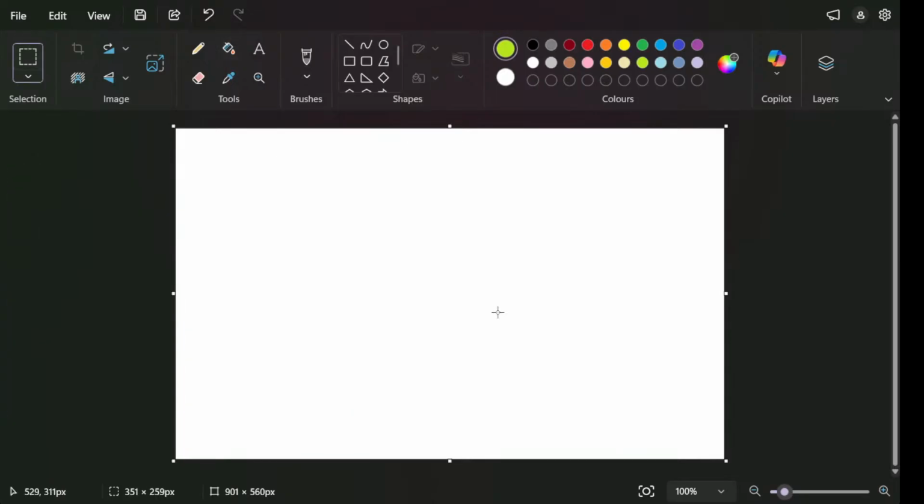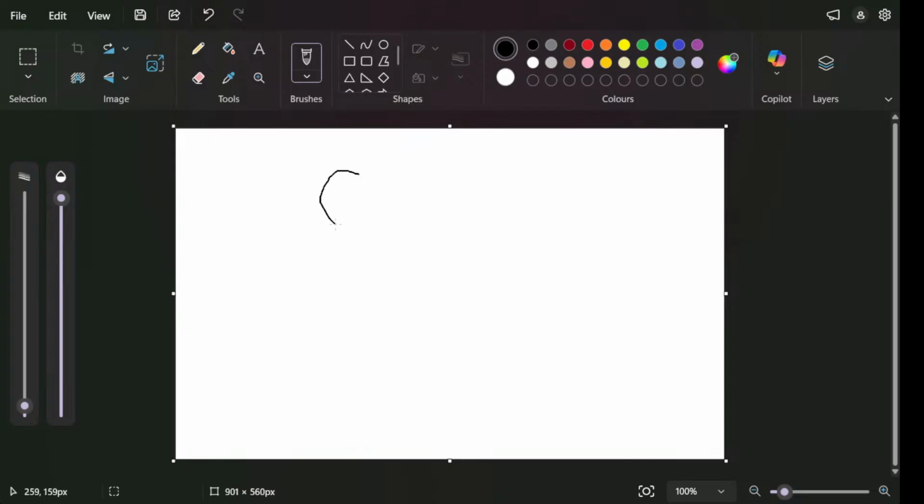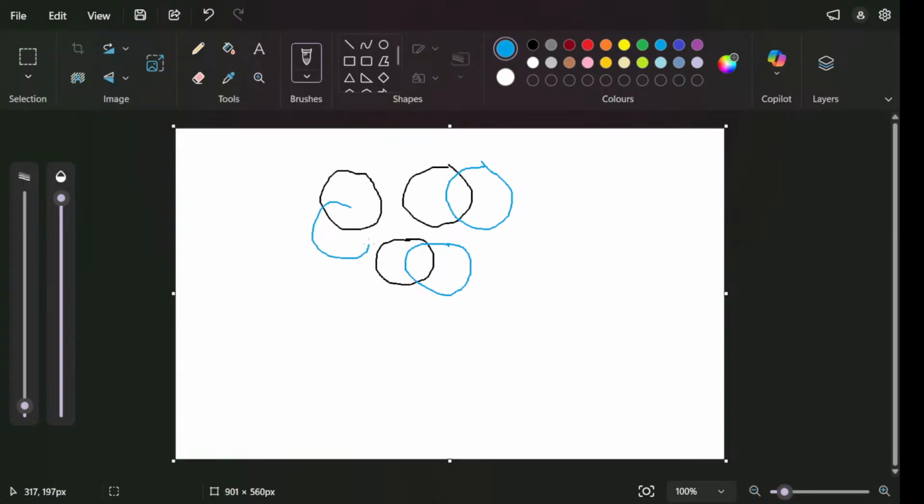Like, could I draw my picture differently? Like, this is F. And then in G, we have like this, and this, and this. And so H would include each of these.